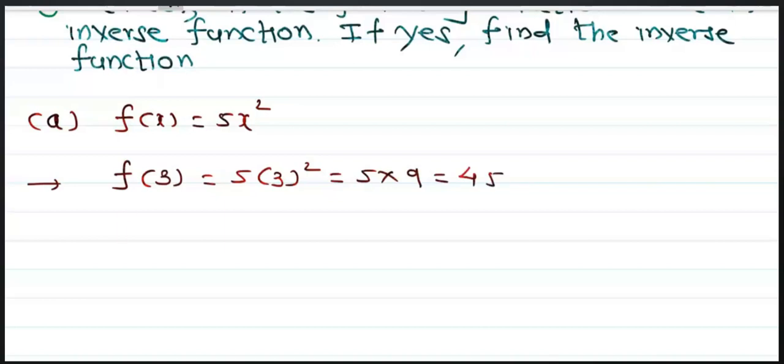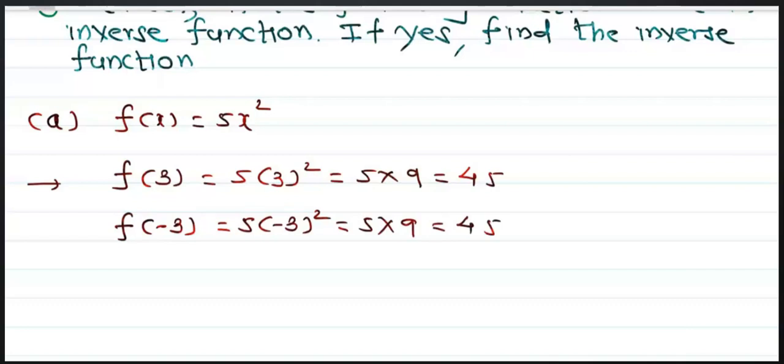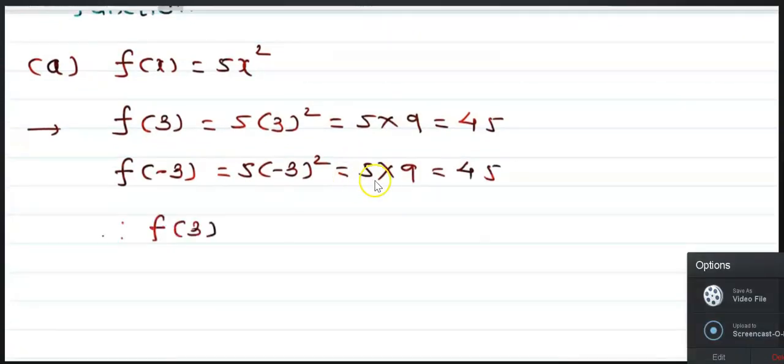Now here, if we find f of 3, what will happen? f of 3 is equal to 5 into 3 square, that is 5 into 9, that is equal to 45. f of minus 3 is equal to 5 into minus 3 square, that is 5 into 9, which is also 45.